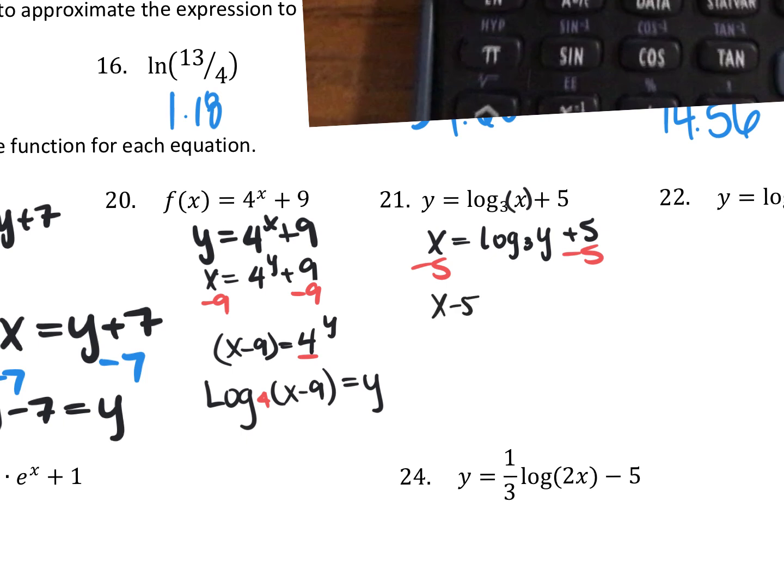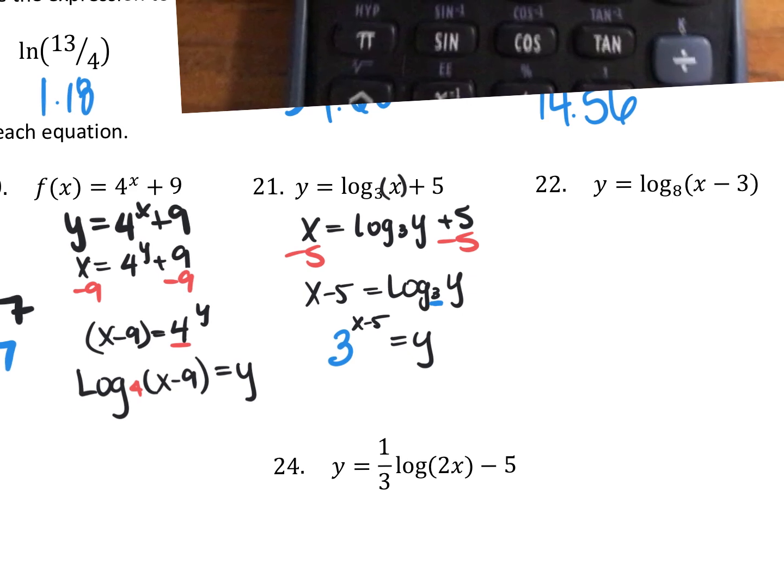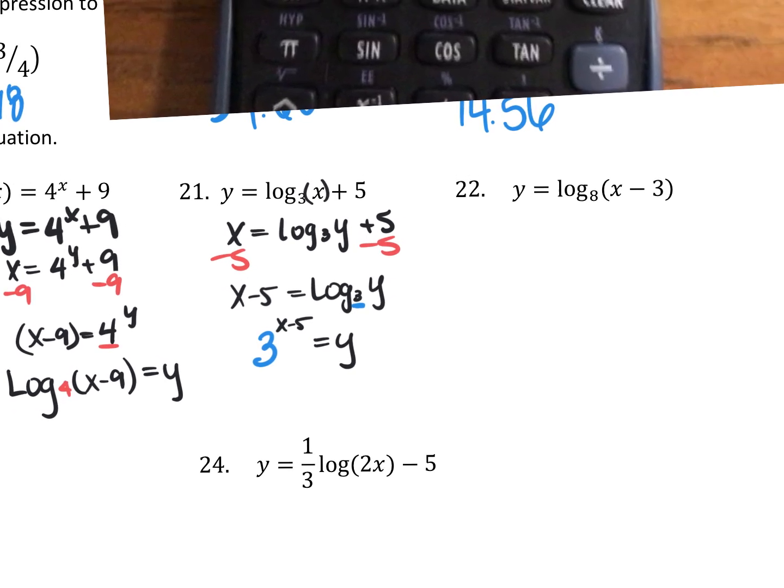X minus 5 equals log 3 of y. Now that base of my log becomes the base of the power. So 3, and then x minus 5 becomes the exponent: 3 to the x minus 5 equals y. And y is by itself, so I don't have to do anything extra.